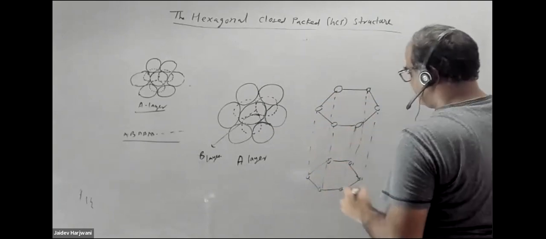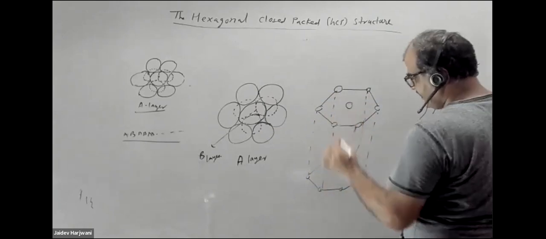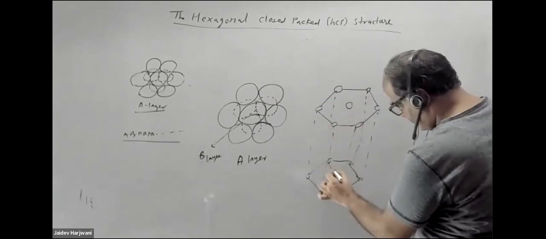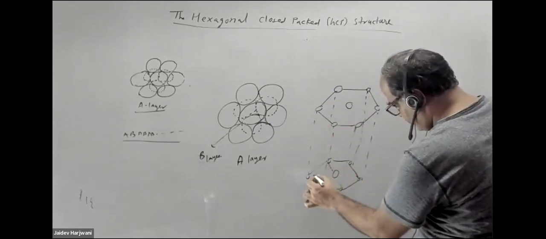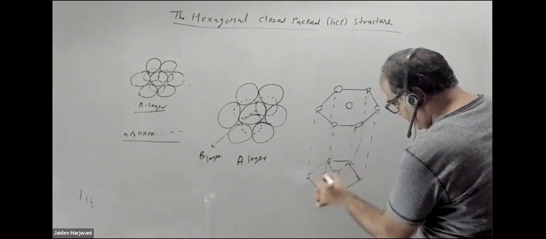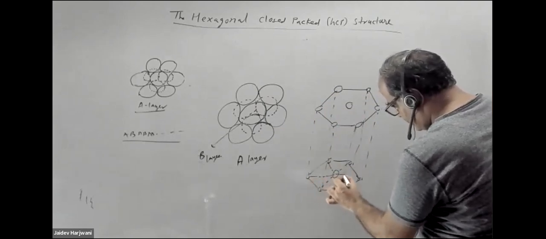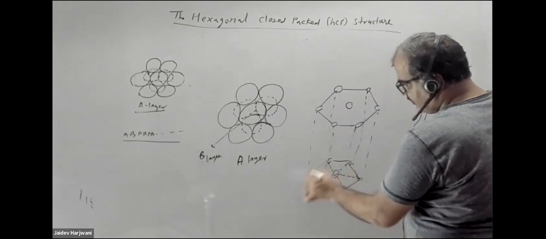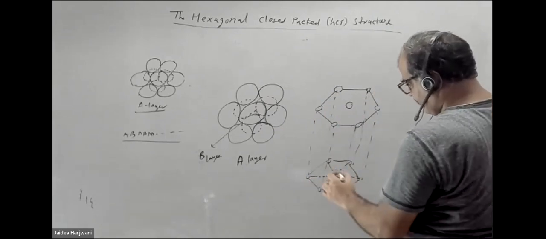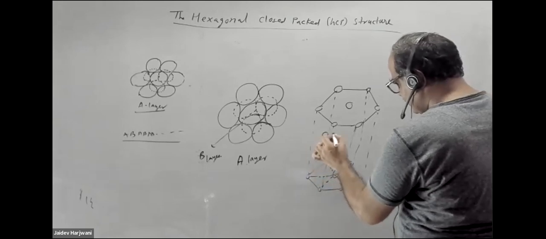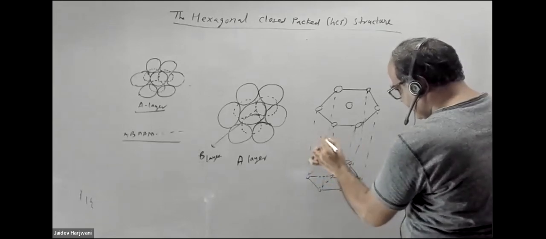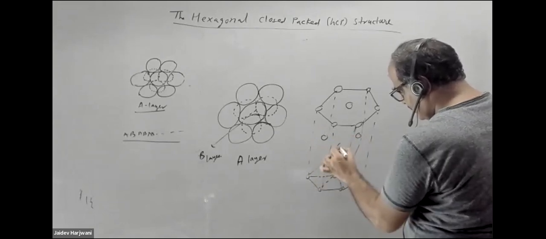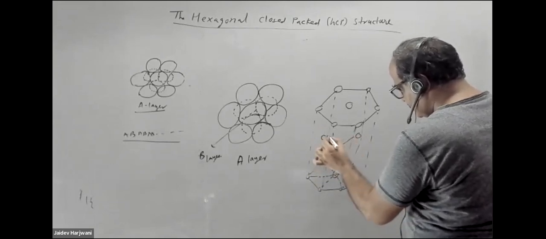And here in the middle we have atoms, and if we divide this base, we can divide this base into 6 equilateral triangles. Now we have 3 B layer atoms here. Somewhere at half distance we have the B layer here. So this is my B layer.